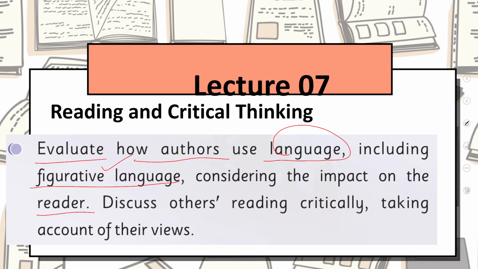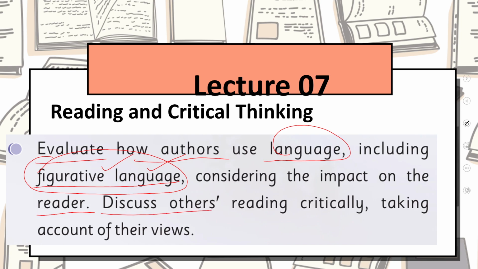We know that figurative language is not taken literally, it is figurative, and this is done by the writers or the authors, mostly in poems and also in prose as well, to leave an impact on the reader. So this is a very impactful kind of language. We will see how it is used and how it will leave an effect.